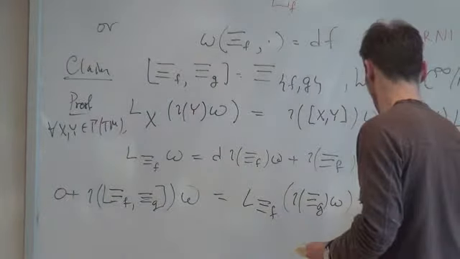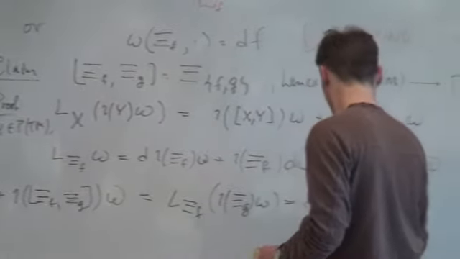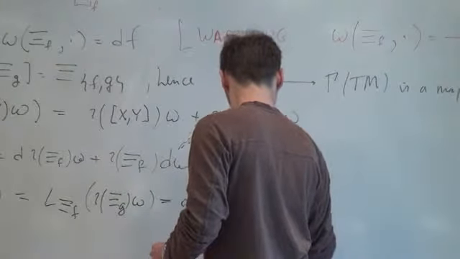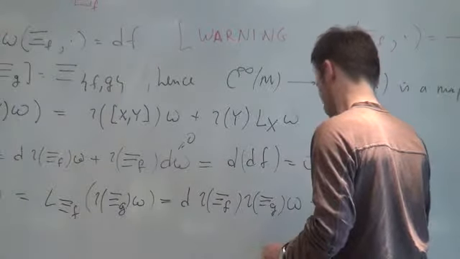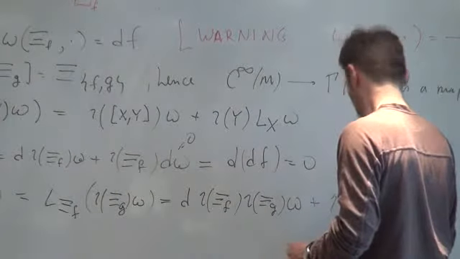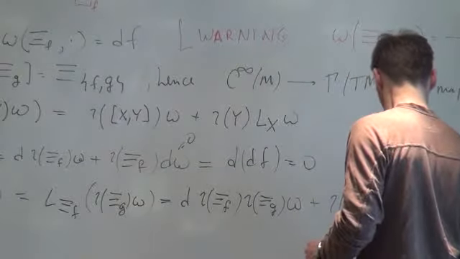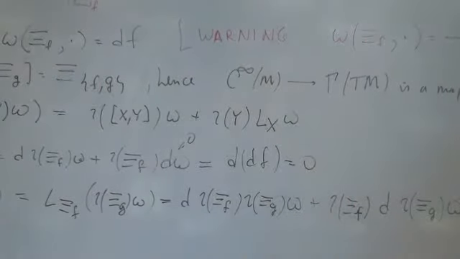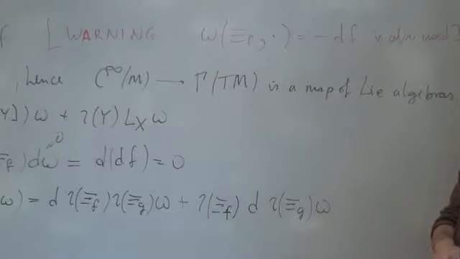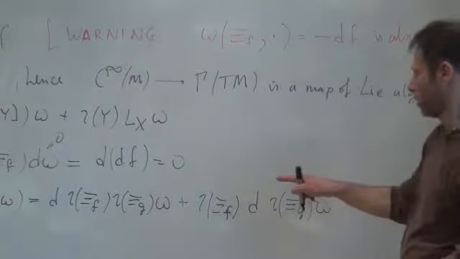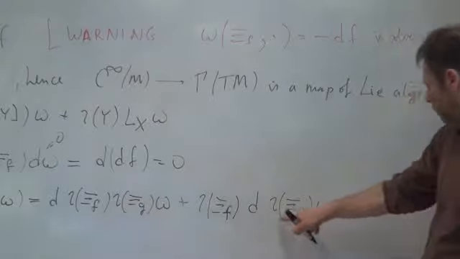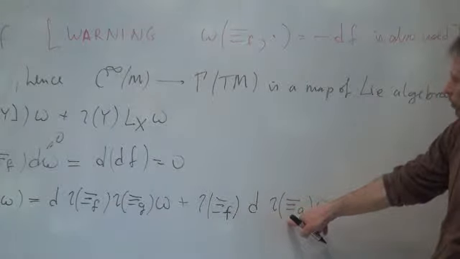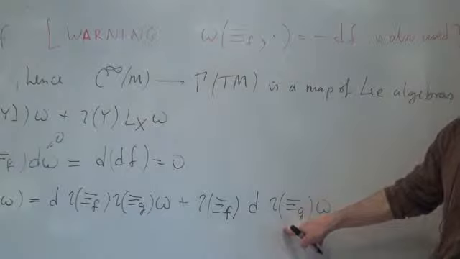Well, let's see. This is d. Looks right. And let's see what happens here. I think we already computed this once, that this is 0, right?